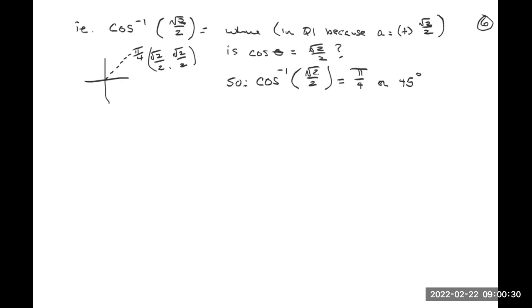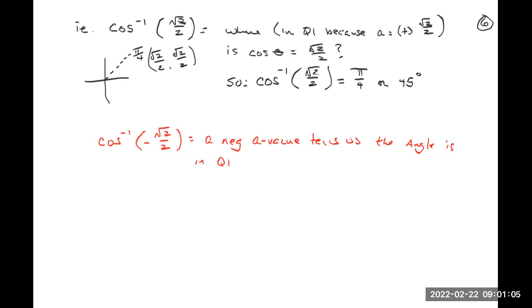Now what about cosine inverse of negative square root of 2 over 2? A negative value tells us the angle is in quadrant 2, where cosine theta is negative.